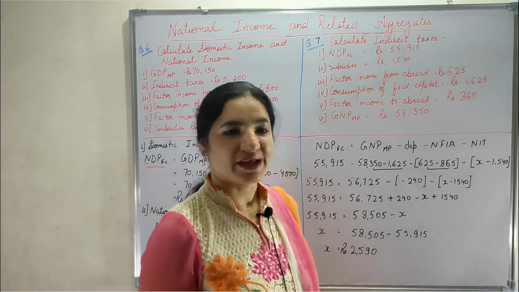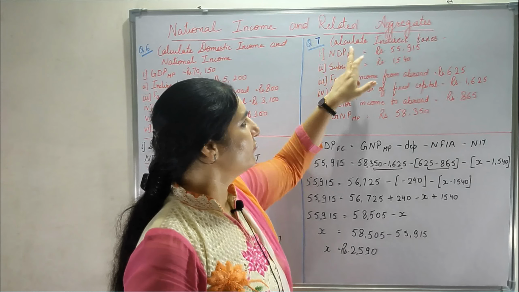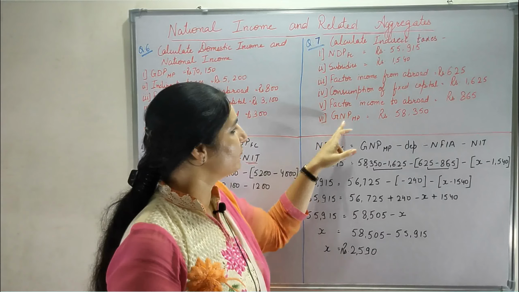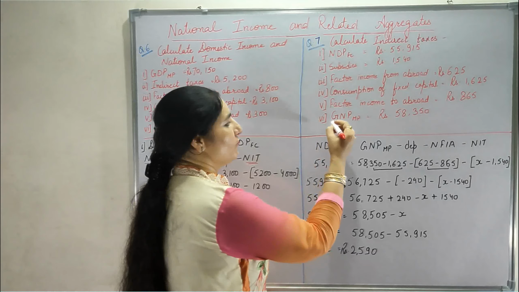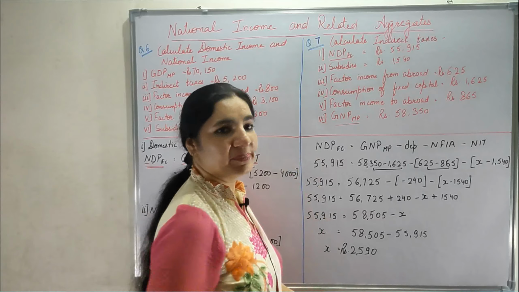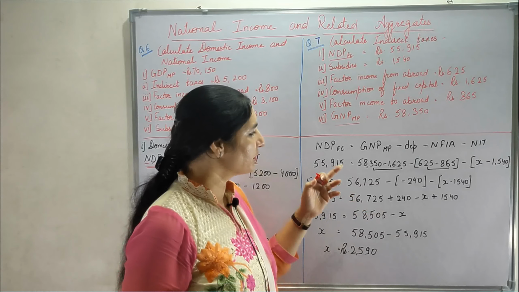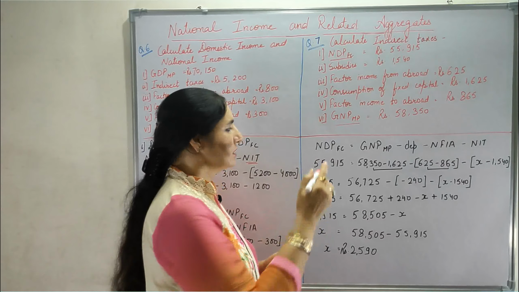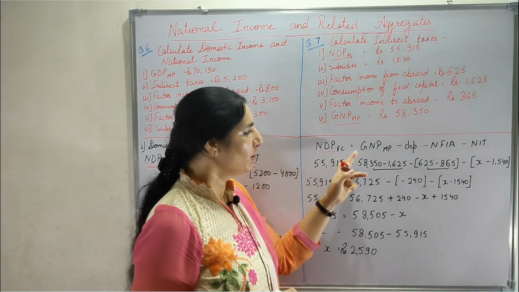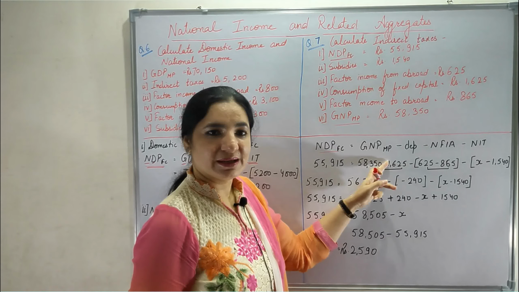So in the next question, that is question number 7, we will calculate indirect taxes. We are given two aggregates here. First is GNP at MP and other is NDP at FC. So let us prepare the formula first. NDP at FC is to be arrived at from GNP at MP.